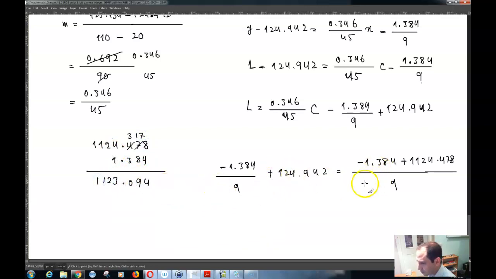So that's the same thing as 1123.094 divided by 9. And this is 13.